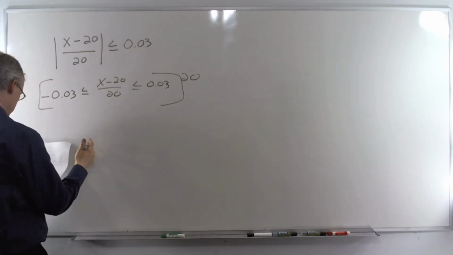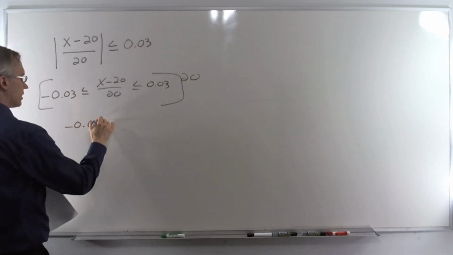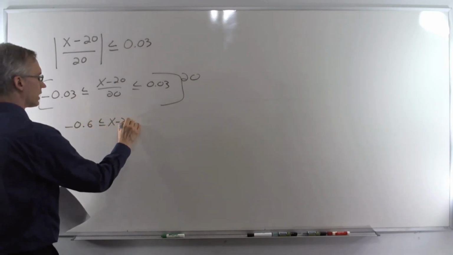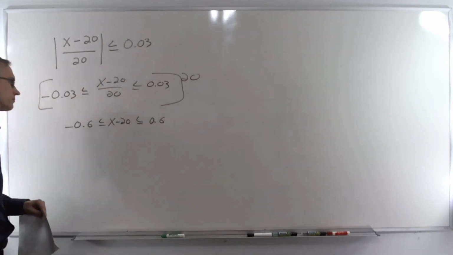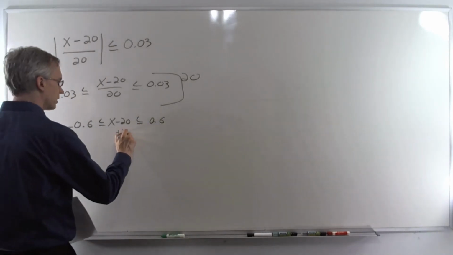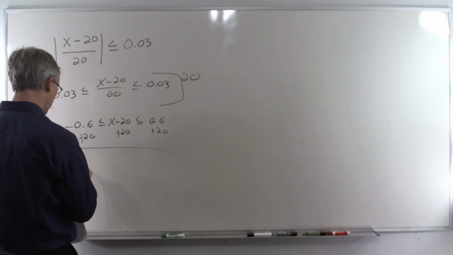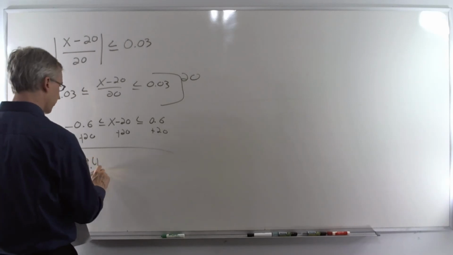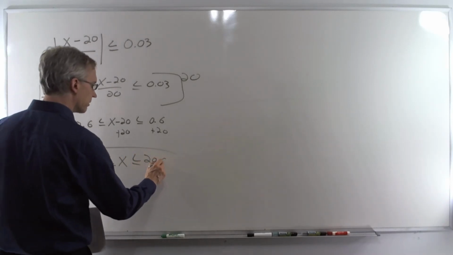And that gives us negative 0.6 less than or equal to x minus 20 less than or equal to 0.6. Plus 20, and that gives us 19.4 less than or equal to x less than or equal to 20.6.